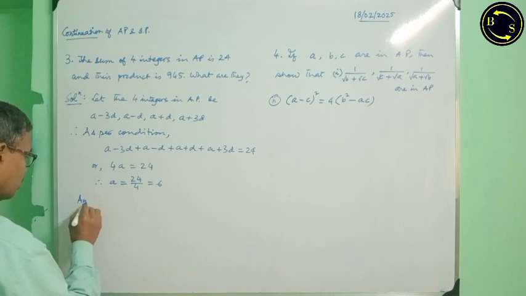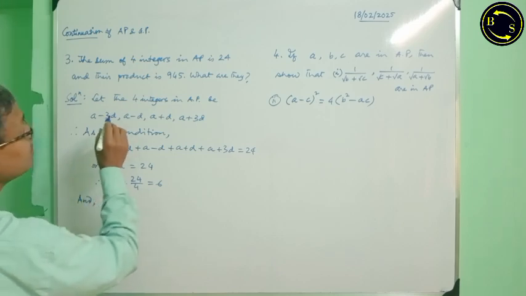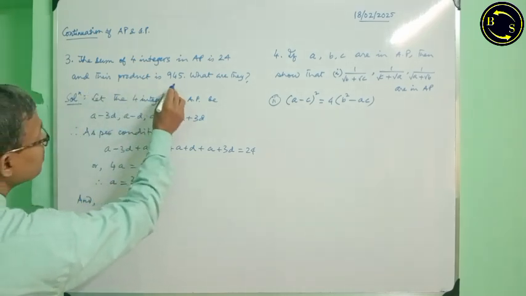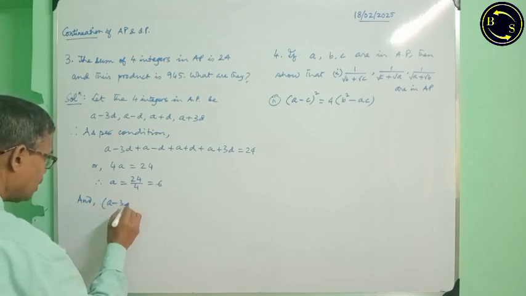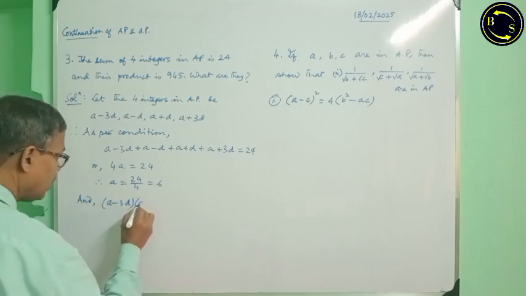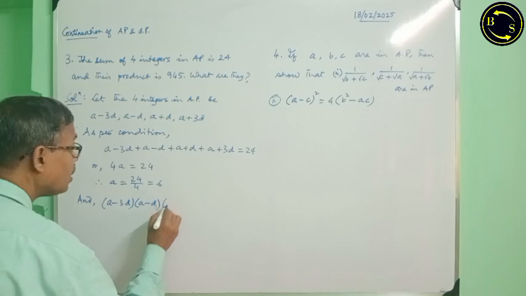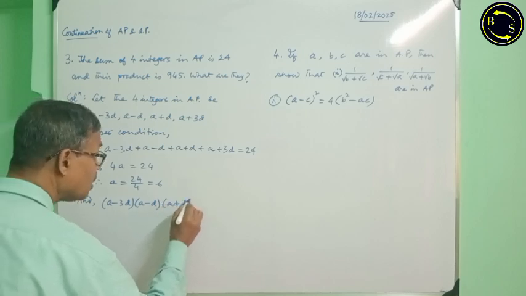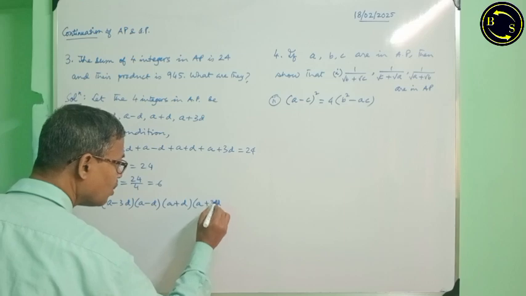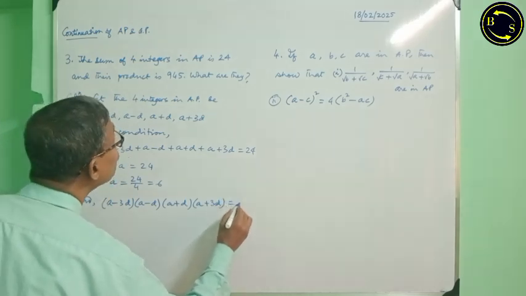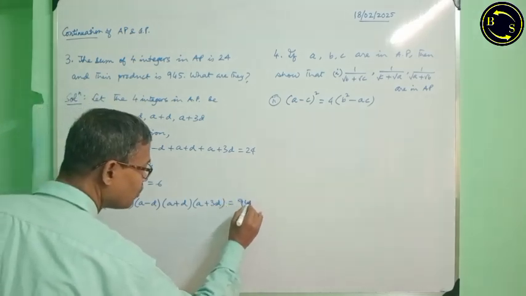And the second condition is their product is 945. A minus 3D, A minus D, A plus D, A plus 3D is equal to 945.